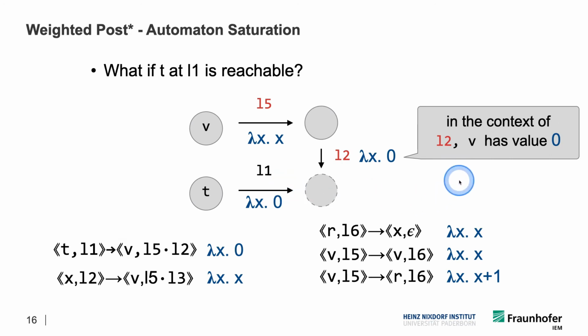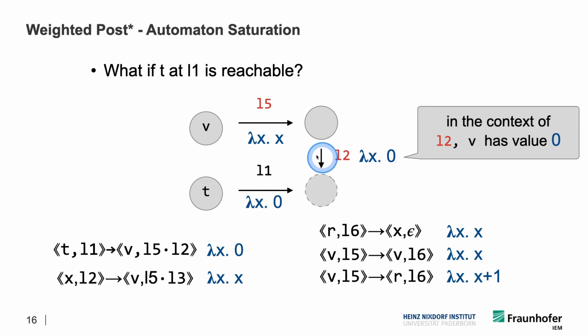So this is telling us the following. In the context of line 2, v has the value 0. Okay, that's what you see here. And that's important, right? Because we want to be able to say in which particular situations, in which particular calling contexts, the variable has which particular constant value, if there is a constant value for this particular context, right?